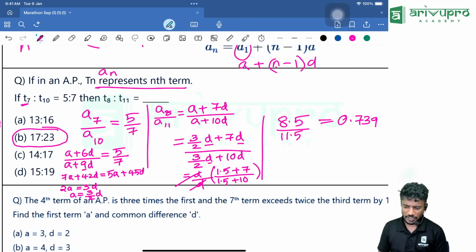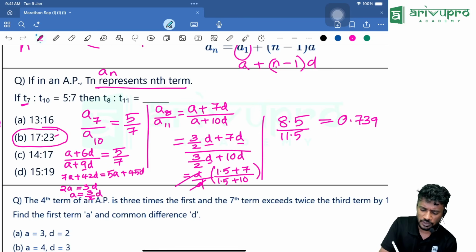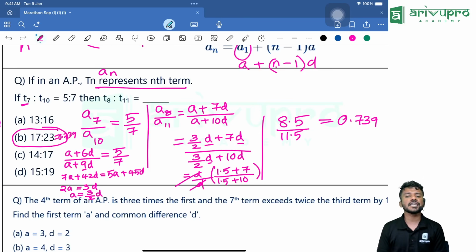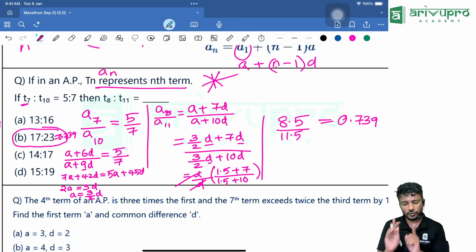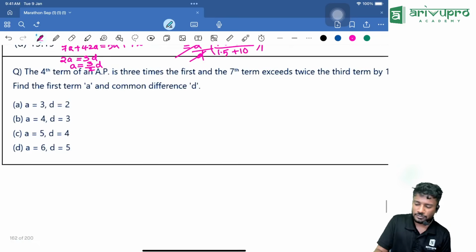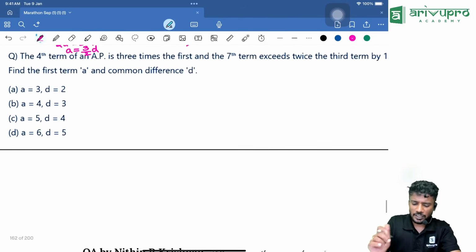Rather than sitting and finding the decimal or LCM and all, you can always go for this. How much is it? 0.739. So option B is your answer. Got the point? This is the method. It's a very good question. That's why I included it. Now, going forward, it will be even easier.